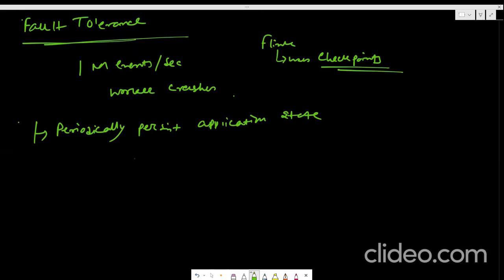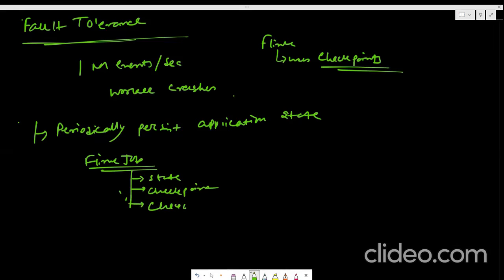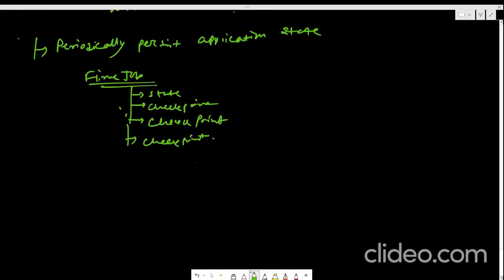If I show you properly, suppose some Flink job is running, and there is some state, then some checkpoint. Next, at another point in time, there is another checkpoint, multiple checkpoints. Each of these points we can consider as a checkpoint. Now there is some checkpoint storage.